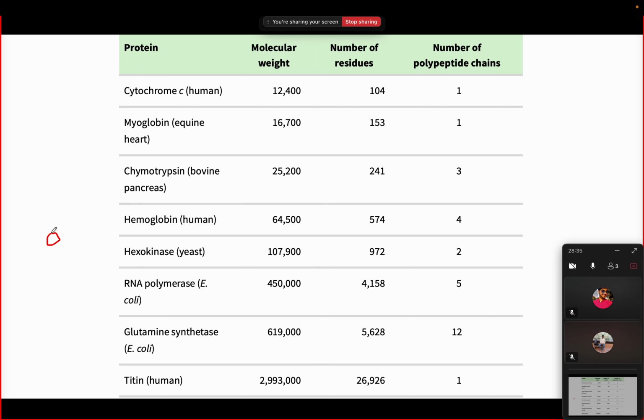That is definitely more than chymotrypsin, which has 241 residues yet 3 polypeptide chains, while hexokinase has 972 residues divided into only 2 peptide chains. So by this we can say that the molecular weight and the number of peptide chains, as well as their function, are not at all related. Okay.